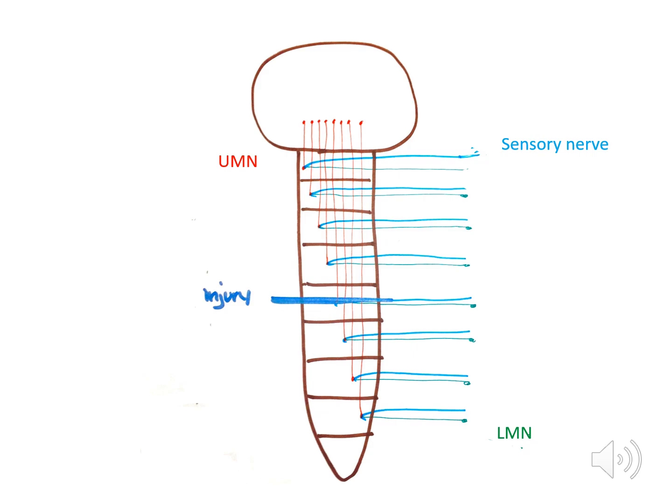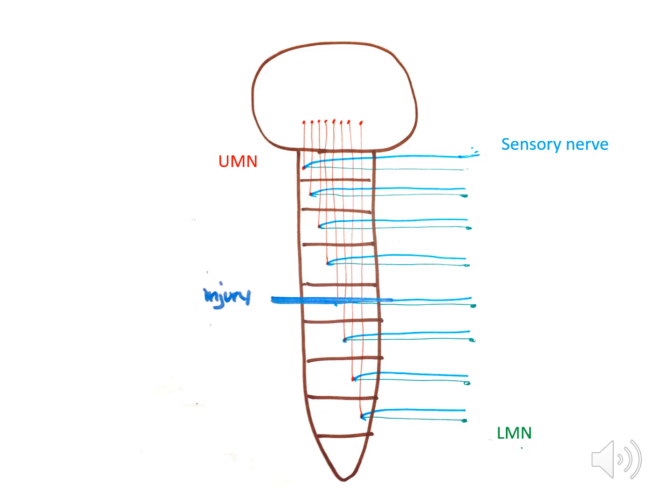So at that level of the injury, sensory information cannot come in and synapse with a sensory nerve that's going to take that information to the brain. So there's no sensory information coming in. Motor impulses can come down from the brain but cannot synapse with the lower motor neuron, so there should be no voluntary motor movement either, right?